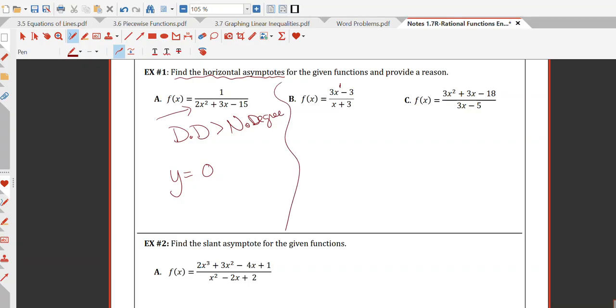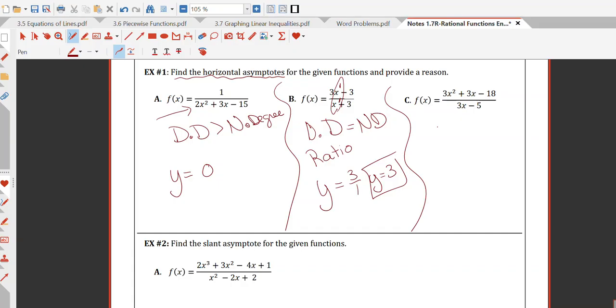If we look at the degrees, they are both the same. If they're both the same, the denominator degree is equal to the numerator degree. If that happens, then it means it's a ratio, and it's y equals 3 over 1, or just y equals 3.